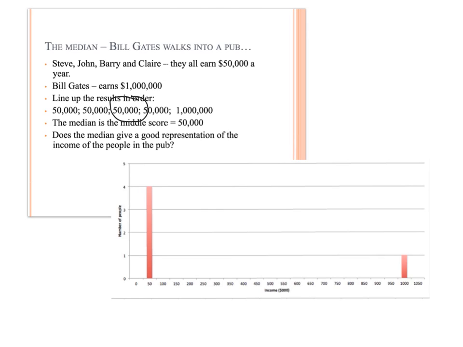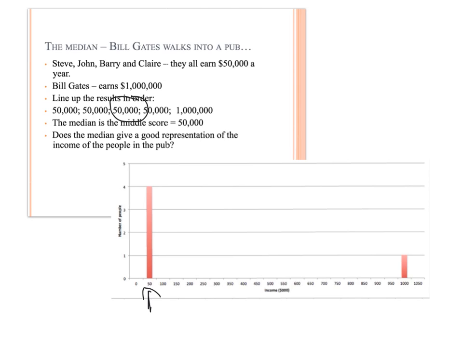So the median is the middle score, it's $50,000. On our graph, this is here. Does this give a good representation of the income of the people in the pub? I'd argue that it is a much better representation of the people overall than using the mean.